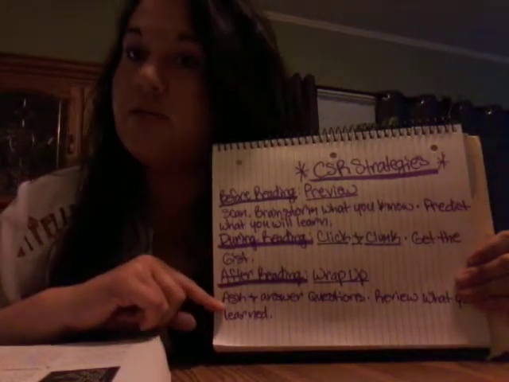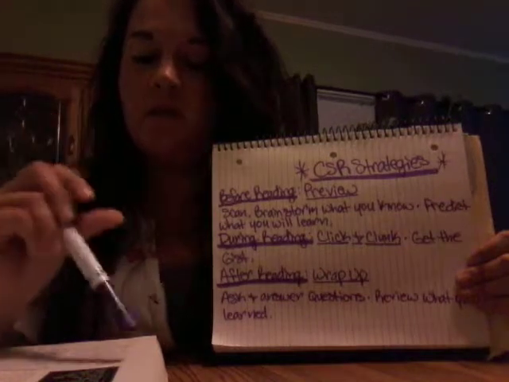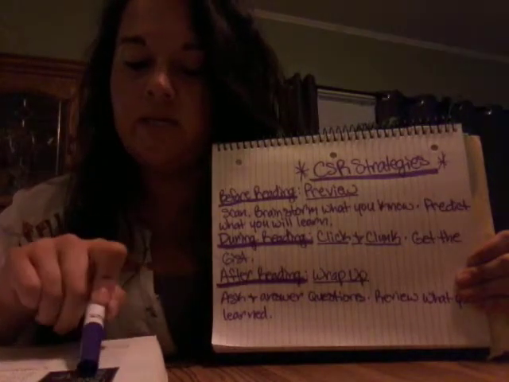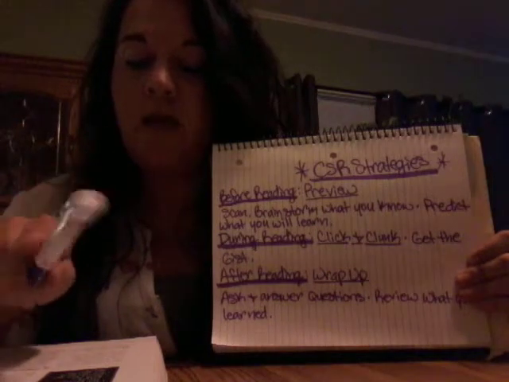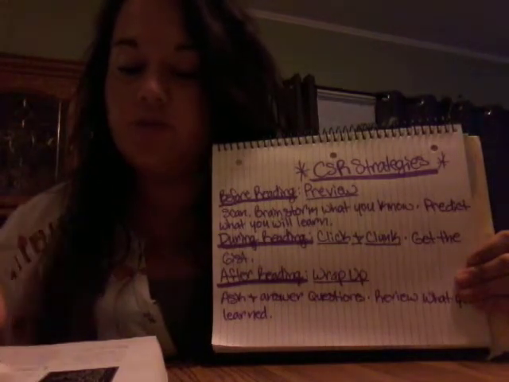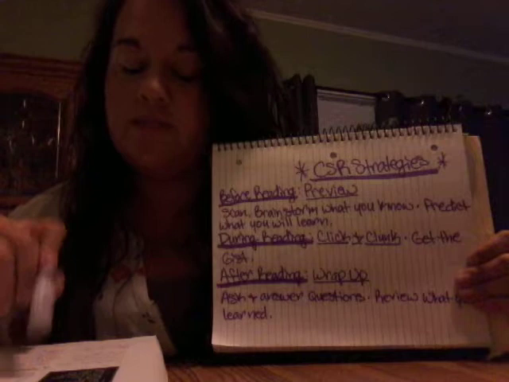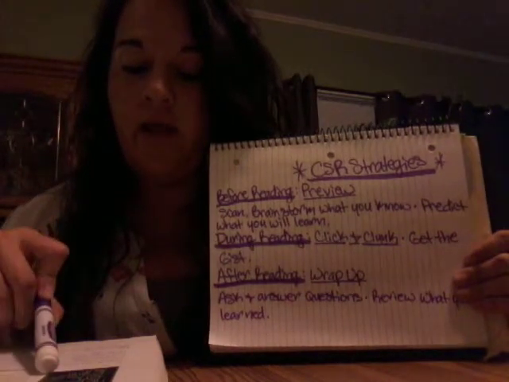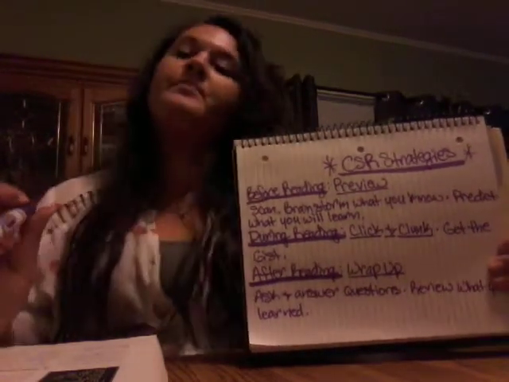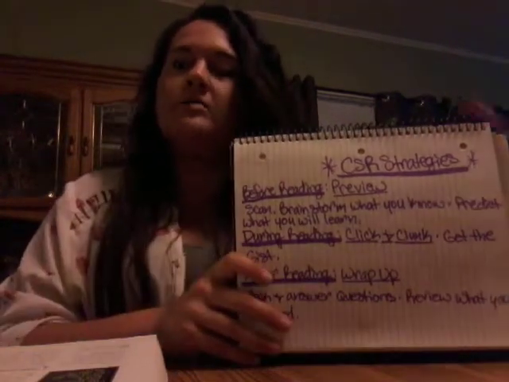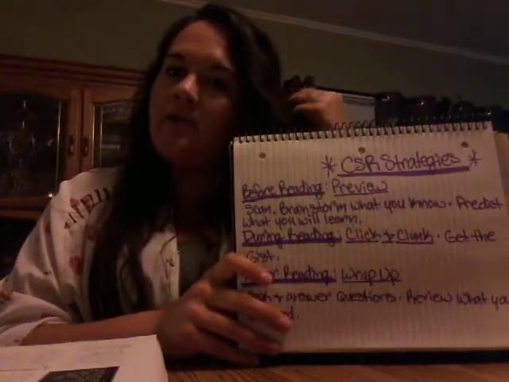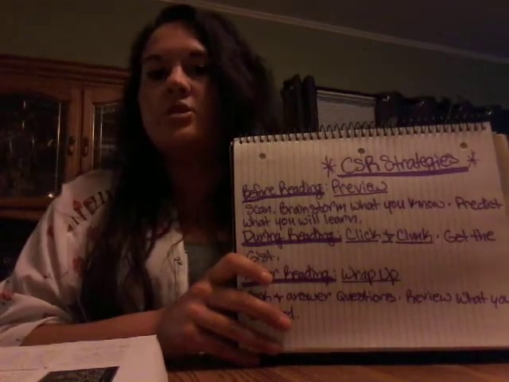Some examples of predictions. So my predictions are that I think I'm going to learn about the pioneers' journey, what the journey was like, and how and what the pioneers packed. And if you find out your predictions are wrong, that's okay. It's okay if we don't have the right predictions, because they're just predictions.